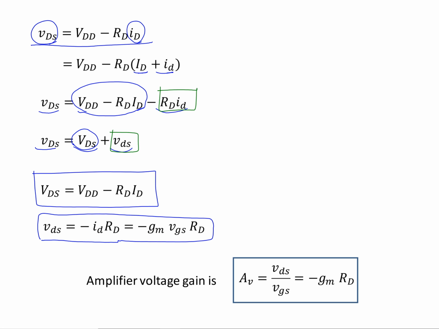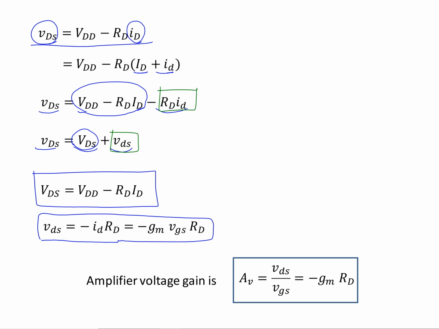Compare this to the uppercase VDS and the DC terms of drain to source voltage, drain current, and VGS. If you remember from previous lectures, they all have a nonlinear relationship with each other. So under the small signal approximation, we can show that the signal quantities have a linear relationship with each other.